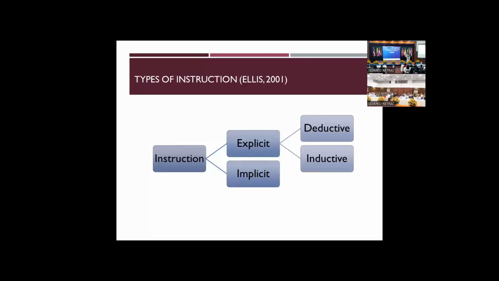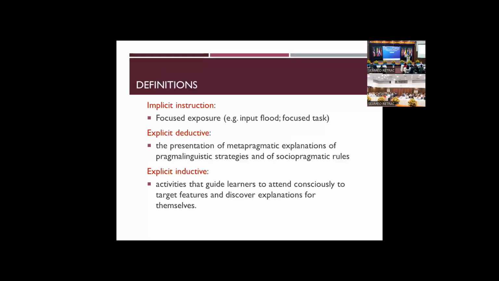You expose them to examples and you ask them to kind of work out the rule for themselves, work out how to decide what is a polite way to make a request, what is not such a polite way. And these are the three definitions of the types of instruction, which I have just mentioned.